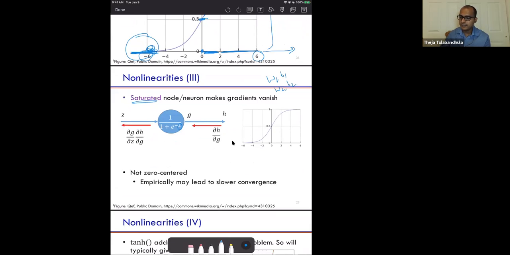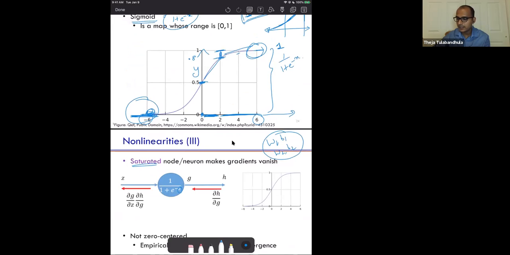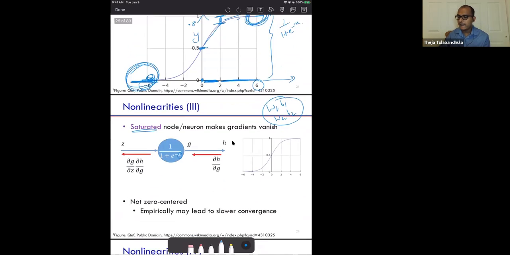And if it turns out that the values of these are such that we are operating in this region, this circular region, then essentially what happens.